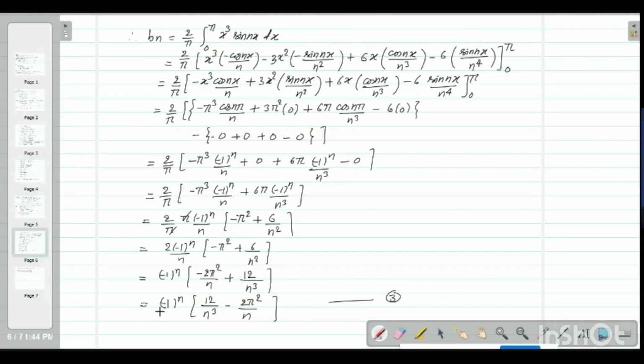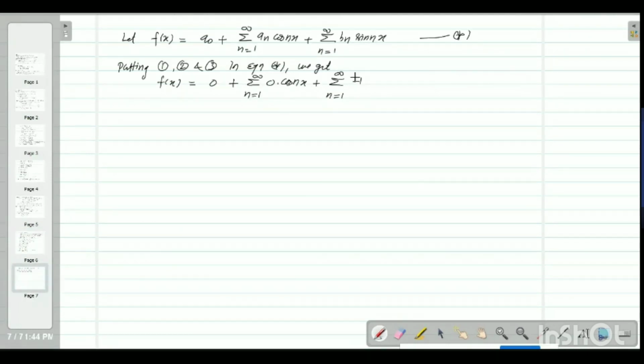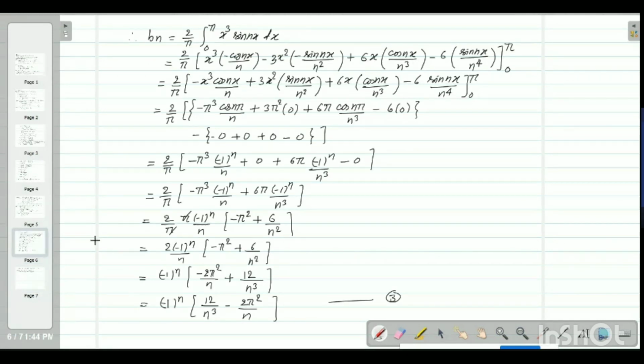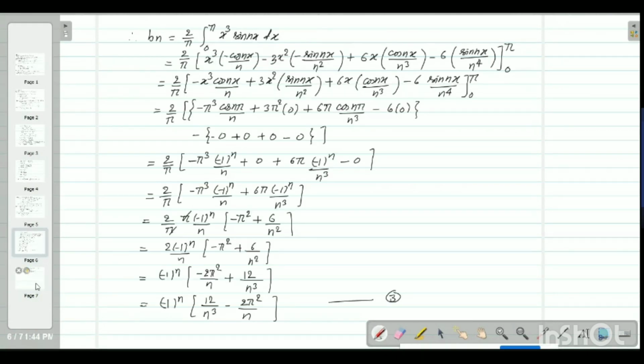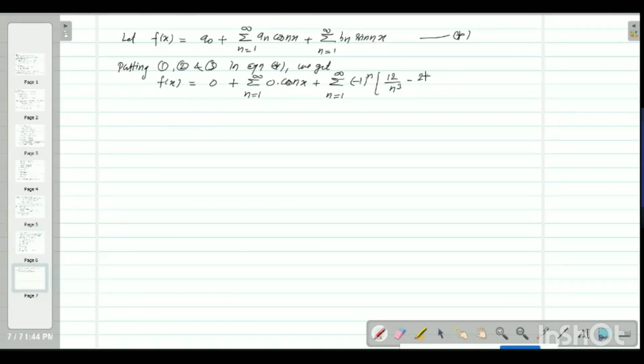Bn we found, what is that? Minus 1 raised to n, in bracket 12 by n cube minus 2 pi square by n. Okay, then sin n x.